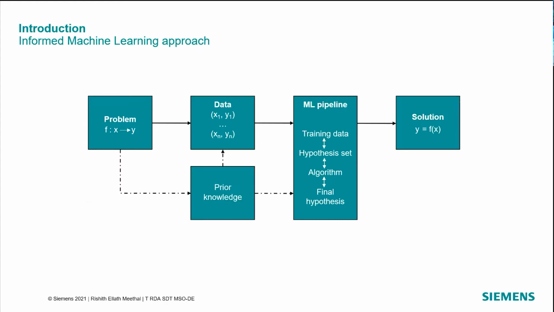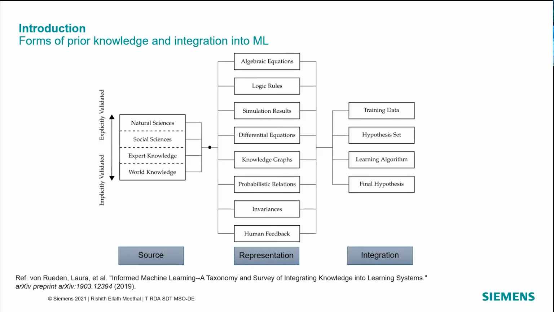Yeah. That is how the informed machine learning approach has come into the picture, where we integrate the prior knowledge into the machine learning pipeline, either in terms of data or in the algorithm or in the hypothesis parts. So there are large variety of ways by which prior knowledge can be integrated into the machine learning pipeline.